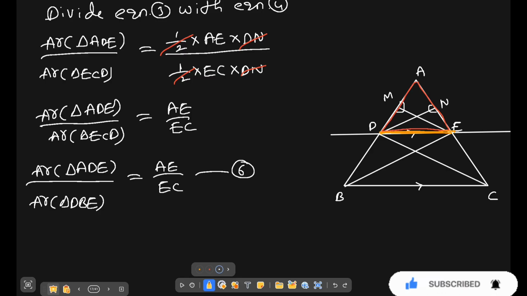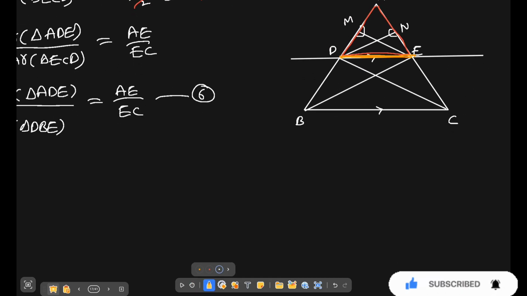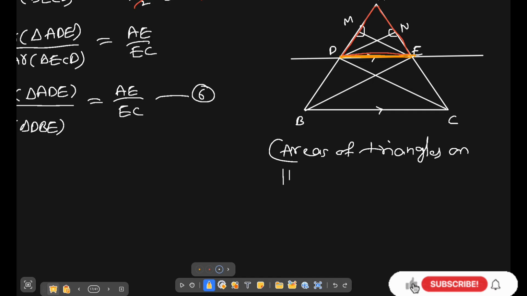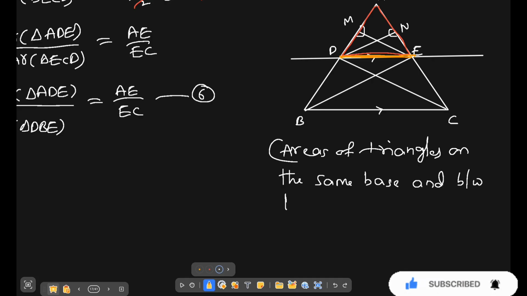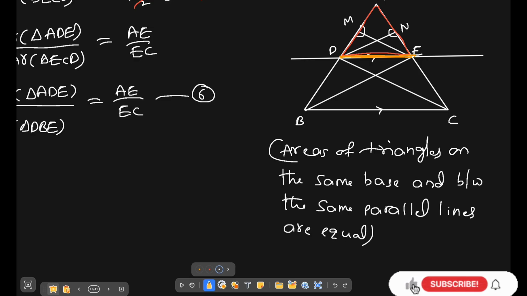The reason is that areas of triangles on the same base and between the same parallel lines are equal.